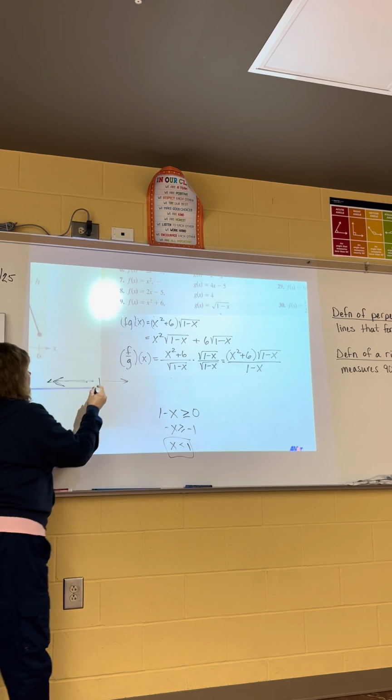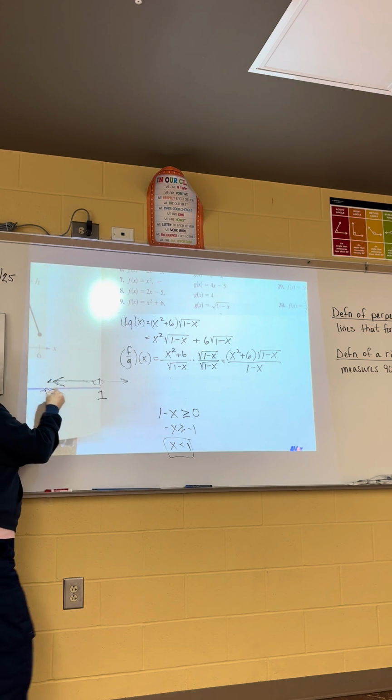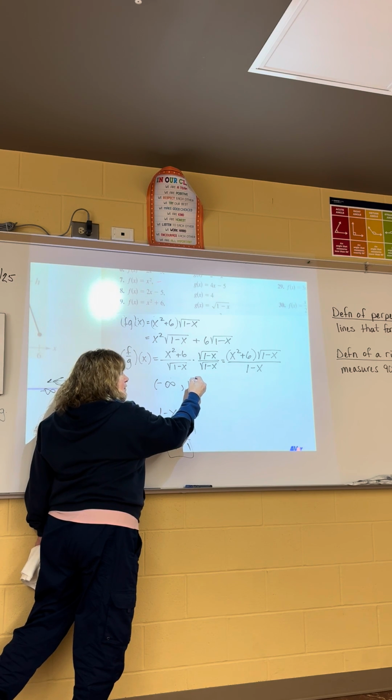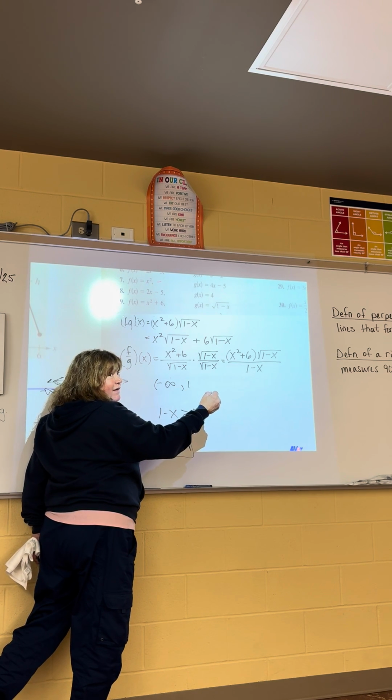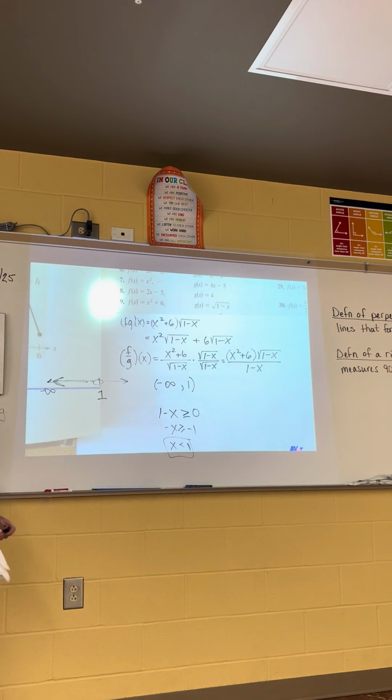An open dot. Now, how do I write that in interval notation? What number's way down here? Negative infinity. And 1. Bracket or parenthesis? Parentheses. Does that help? You were the one that asked for the question. Okay.